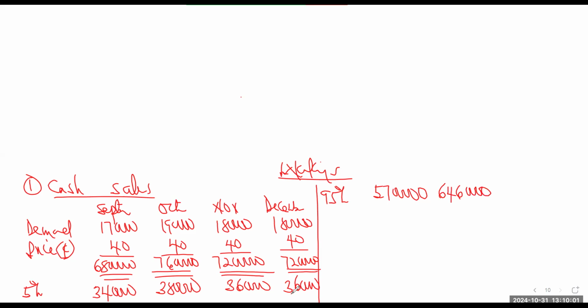What about October? We receive in November. What are we having? 7,220,000. November we receive in December, same value.